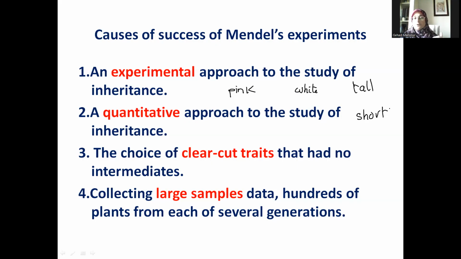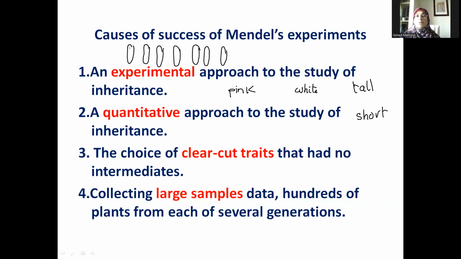And moreover, this is not written on the slide, he was also lucky because all the characteristics he studied were controlled by genes that were located on different chromosomes. Actually, the pea plant has 7 pairs of chromosomes.